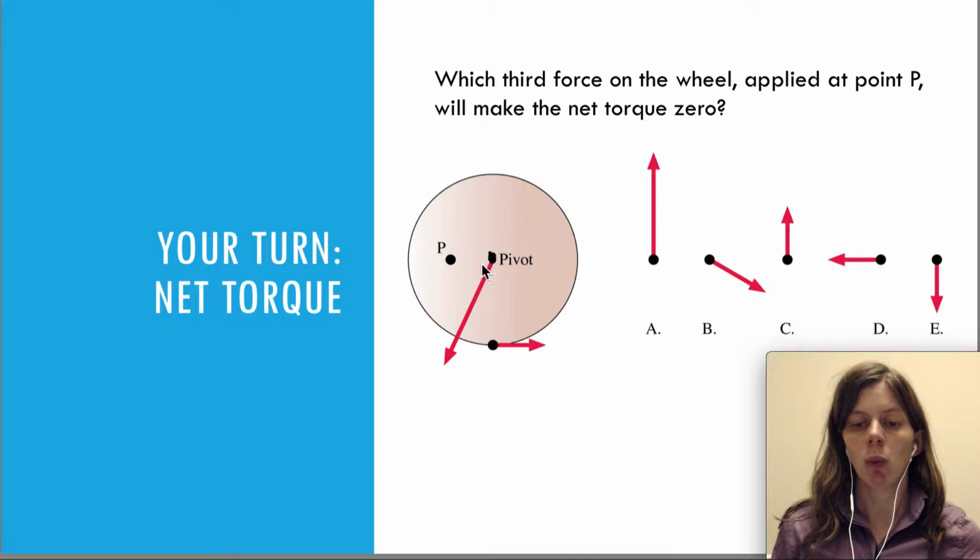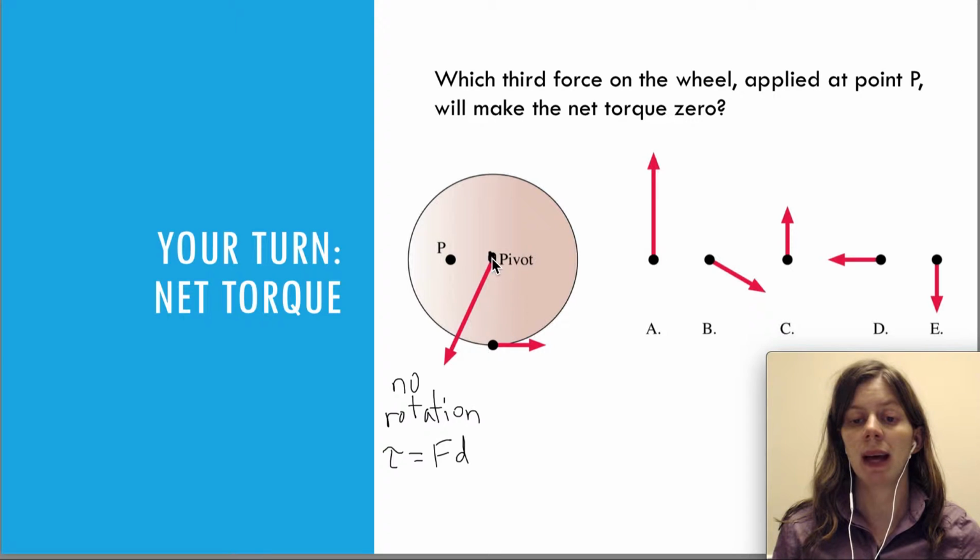So one note that is very important about this problem is that when a force acts at the pivot point, it doesn't cause any rotation. That means that force does not exert any torque. How do we know? Because torque is force times distance, or F perpendicular R. The force has to be applied at some distance from the pivot point.